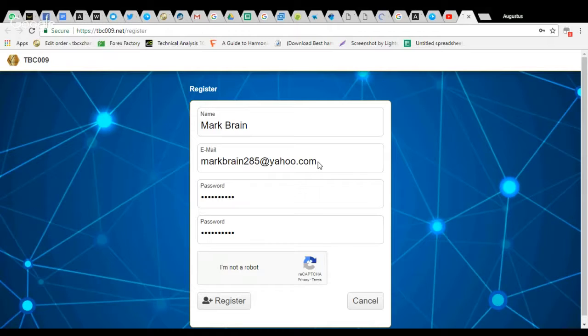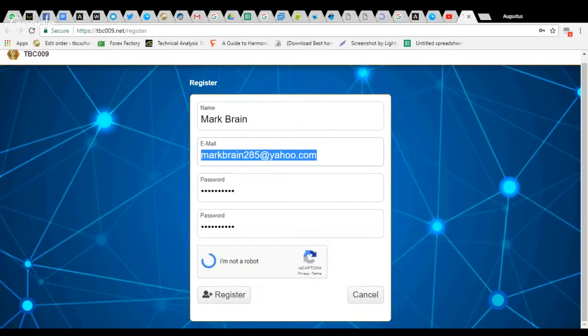So this is the email I'll be using to register for the new wallet. We click on the link to do a new registration on the new wallet.